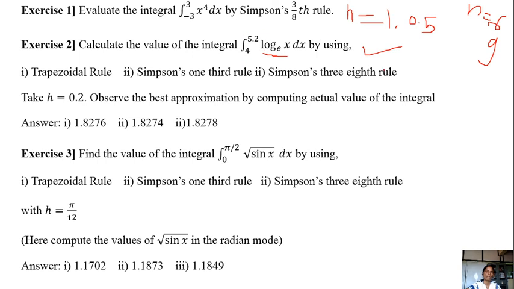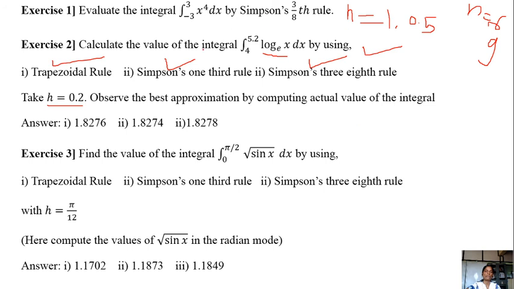In this example you have to do it by all three methods: trapezoidal rule, Simpson's 1/3 rule, and Simpson's 3/8 rule. Here again h is given as 0.2, and again you have to find the value by your actual calculation method and observe the error.